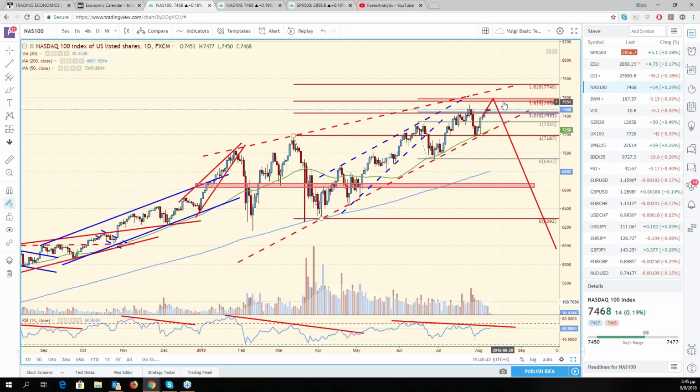I have a nice confluence of resistances roughly at 7,570, but I wouldn't even consider it improbable, if we delay a little bit, to even make it to the 161.8 up there, to find again this ascending wedge's resistance trend line. So I would really love to see this formation finally break to the downside. But as long as we remain trapped within it, we have to respect the multi-year uptrend.